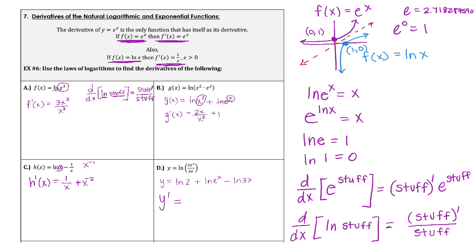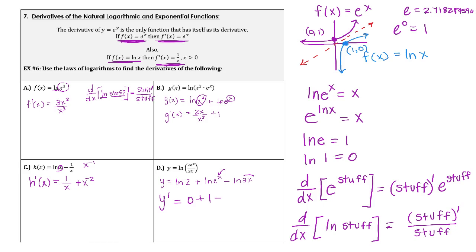Oh, I think I heard somebody say it. What's it going to be? What do y'all think it's going to be? Just think. 0. Why 0? Because that's just a number, right? Natural log of 2 is just some decimal. So it's going to be 0 plus natural log of e to the x. All of that reduces to be just x. And what's the derivative of x? 1 minus natural log of 3x.